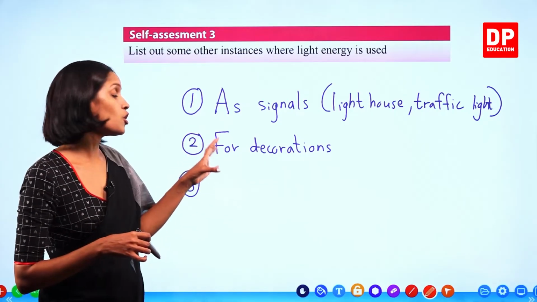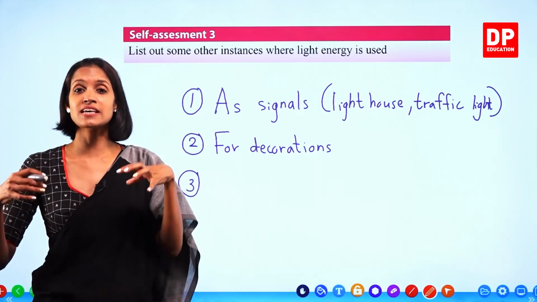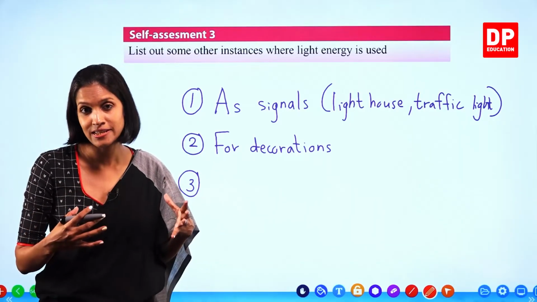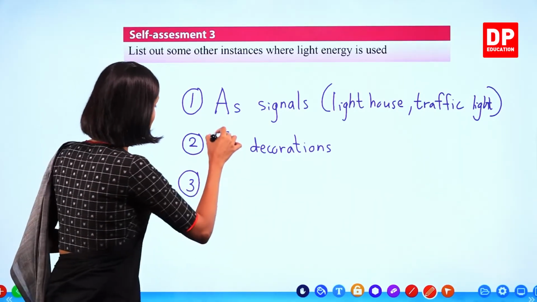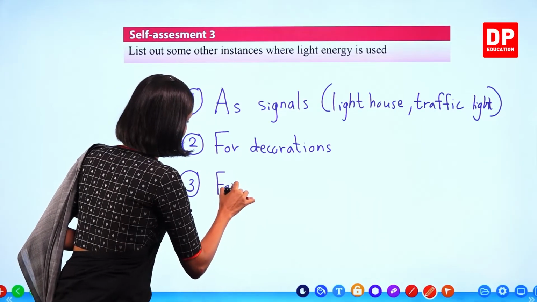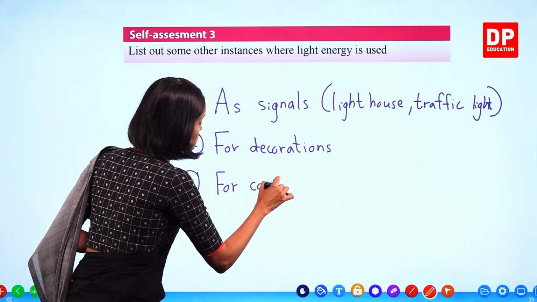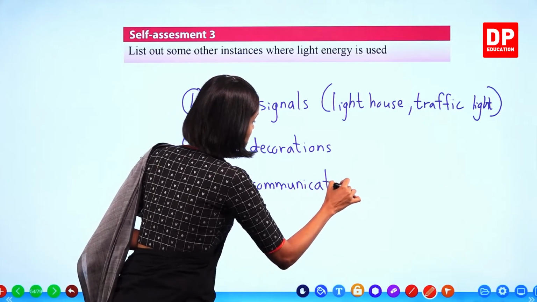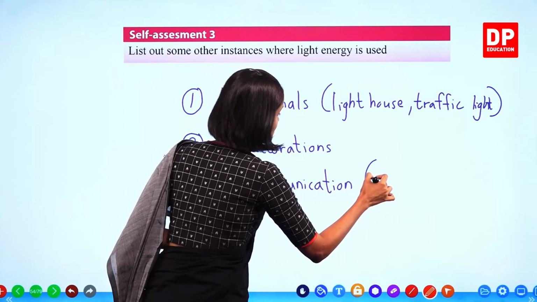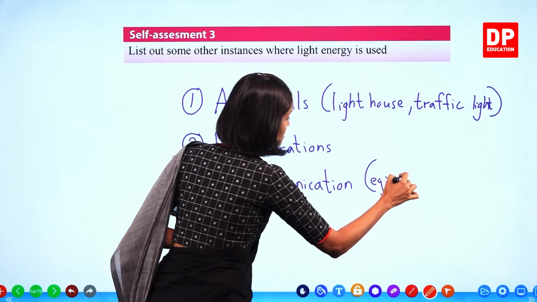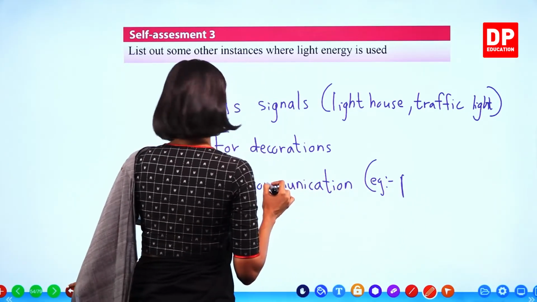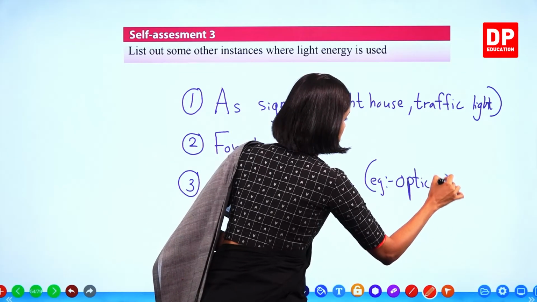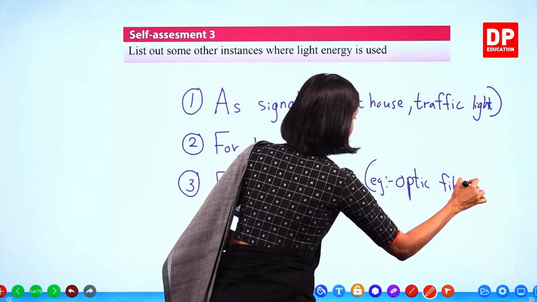So when you consider the optic fibers, the messages are sent from one place to another in the form of light, right? Therefore, for communication also light is used. For communication, we can write examples: optic fibers.